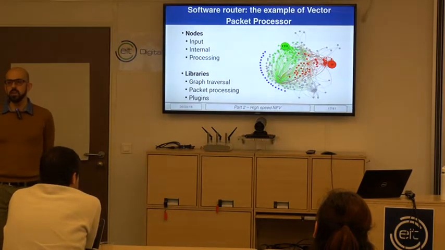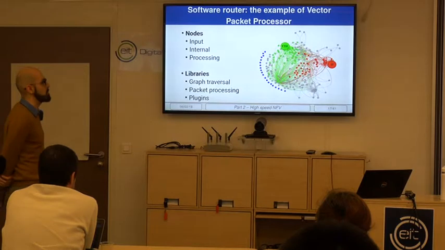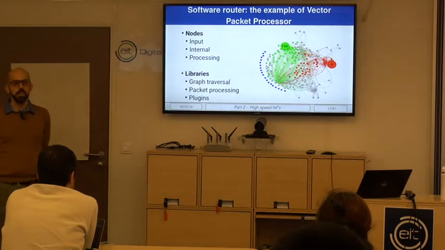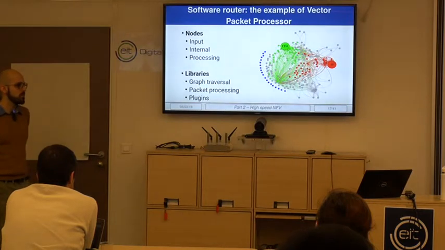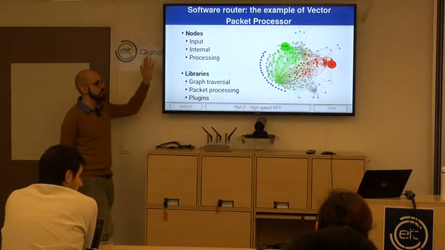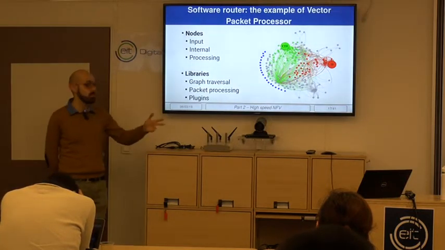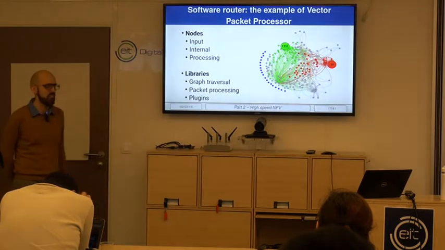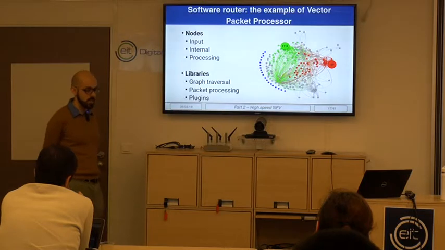All those nodes are linked and connected to each other to form what is called a processing graph. And the processing graph represents the packet processing that needs to be performed on the incoming packets. So we typically have division within the nodes, and we have also libraries to perform the graph traversal, that is the packet processing. And we can even extend with custom plugins.